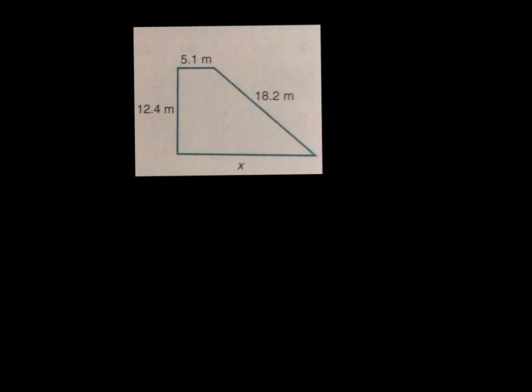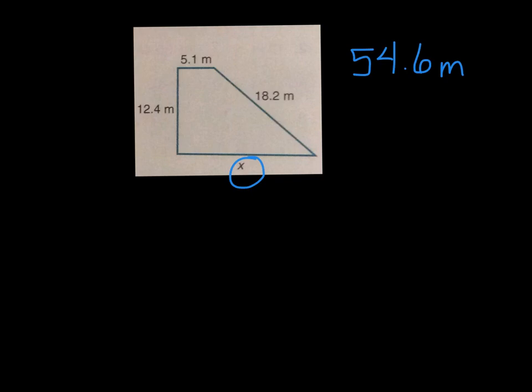We know that in order to find perimeter, you add up all the sides of a shape. So if we're given all but one side of this shape, but then they tell us the total perimeter is 54.6 meters long, we can figure out what this x equals, because all of the sides added up together equal the perimeter.